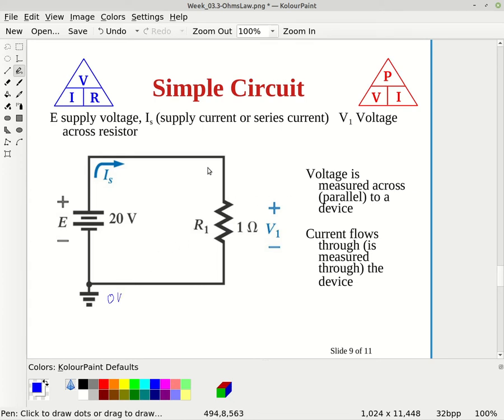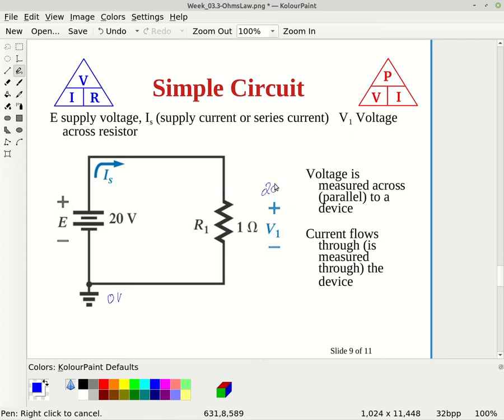All right, so using Ohm's law here, looking at this circuit, since this is a perfect conductor, there's no resistance, so there's no voltage drop. And so the voltage of 20 volts over here is the voltage V1.